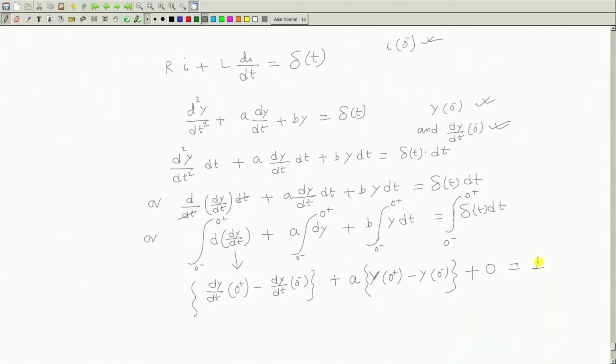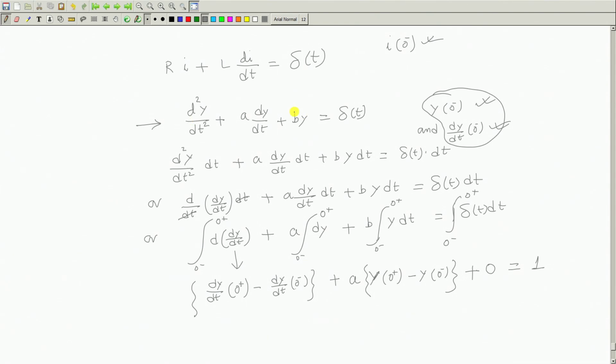So, what are the things I know? I know these two things, y 0 minus and y 0 plus, and dy dt 0 minus, is not? This will be the thing. Acha, one thing you see, coming back to this equation, right hand side delta t some impulse, left hand side y, dy dt, d2y dt2.